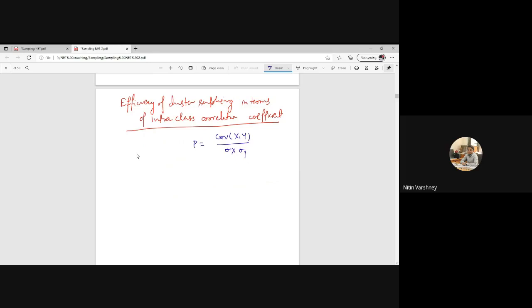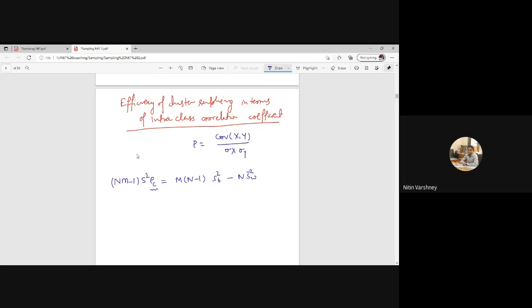From that we can calculate, and for this intra-class correlation, the same concept we will use. And after calculating this, we will get another important relation, that is Nm minus 1 S square rho C, that is the intra-class correlation coefficient, is equal to M into N minus 1 SB square minus N S bar W square.